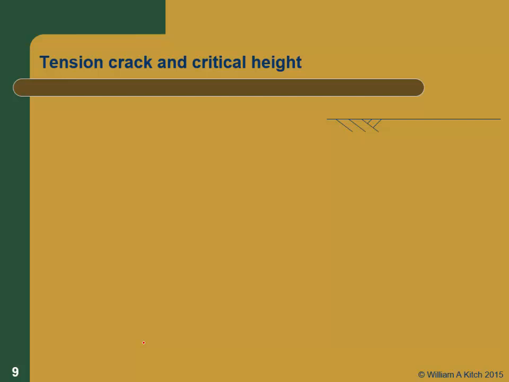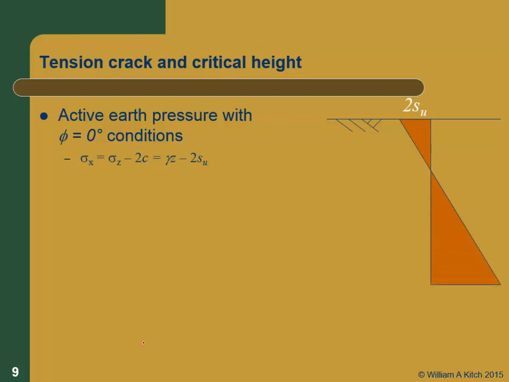Well, those are called tension cracks. And so if we look at phi equals 0 conditions, we look at the active case, right? When you have a crack, the wall, in this case the wall is more soil, but it's moving away from the other one, so that's unloading, so it's an active case. So under phi equals 0 conditions, we already said that this was our lateral earth pressure diagram. It starts off negative. If this is sigma x I'm plotting here, this is the negative side, and this is the positive side.